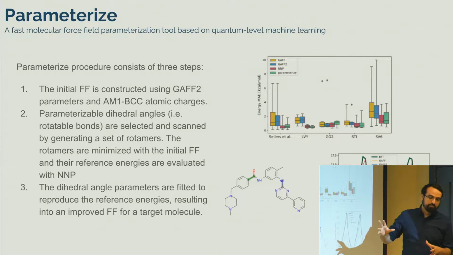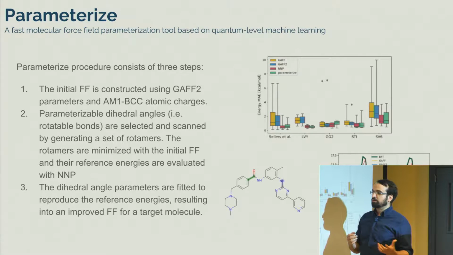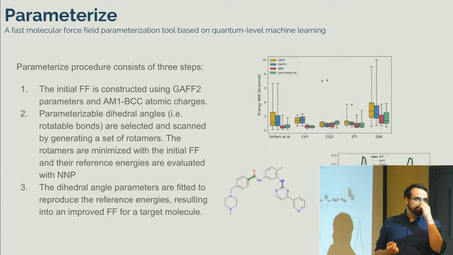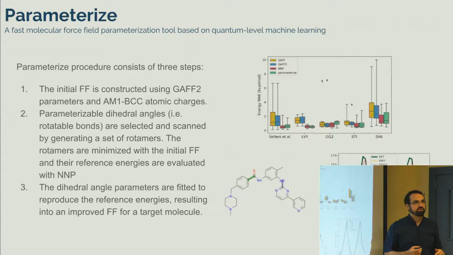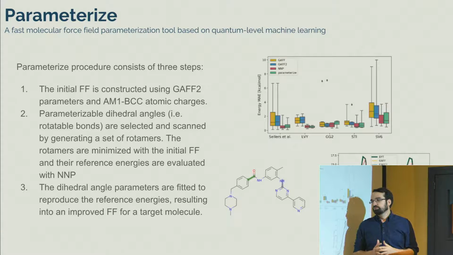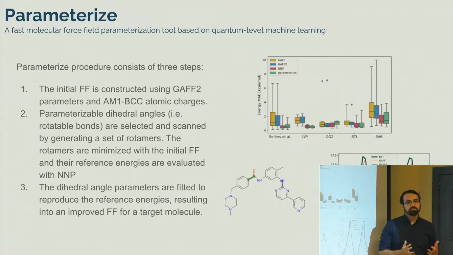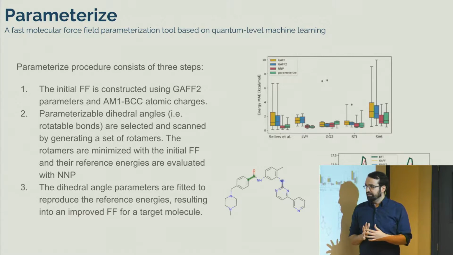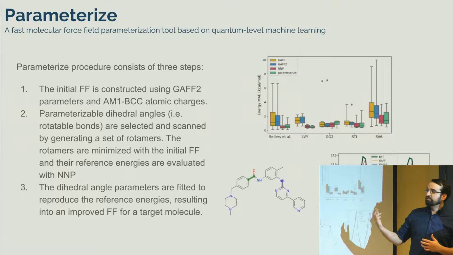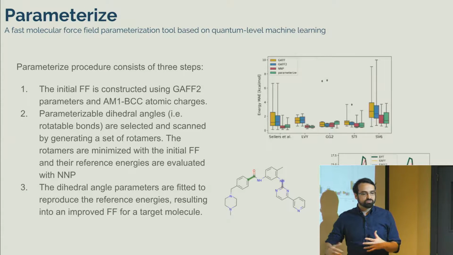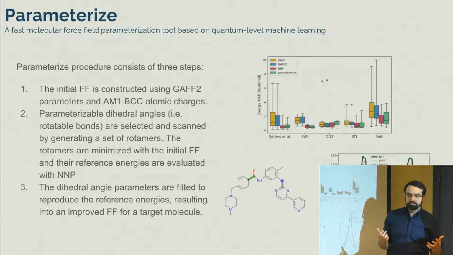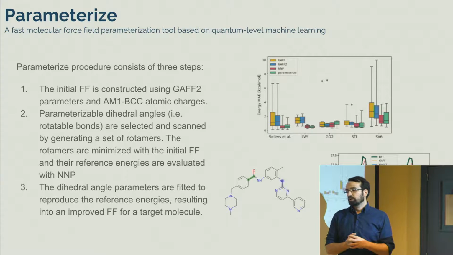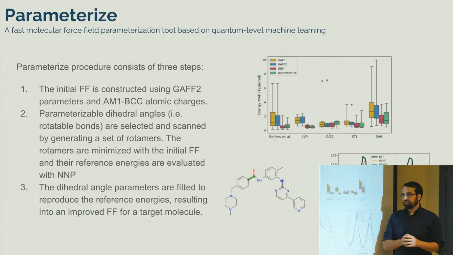We can fix that by doing calculations. We can do this by doing expensive QM calculations. QM is quantum mechanical calculations. Okay, so going to more expensive computational methods than molecular dynamics, but more accurate, to calculate the energy. But actually, what we did here in Parameterize was to train a neural network potential to behave like a quantum mechanical calculation, okay?